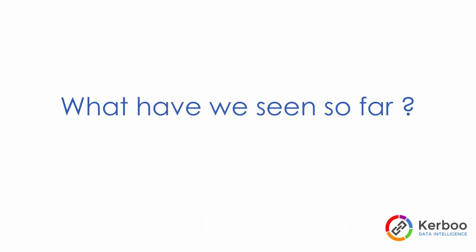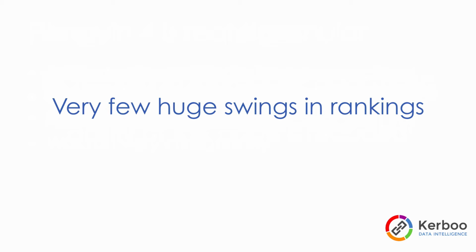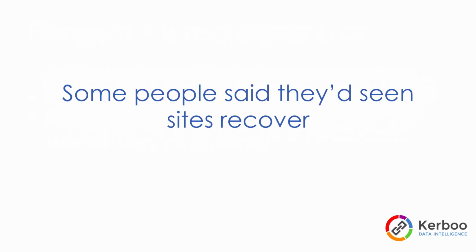So, what have we seen so far? Well, we've seen a fairly low level of chatter about changes that people have noticed they can attribute to Penguin. In the early days, we saw very few big swings in rankings, positive or negative. And in the early days, some people did say that they'd seen sites recover, and we're still seeing some people saying they see sites recover that they thought previously were affected by Penguin.